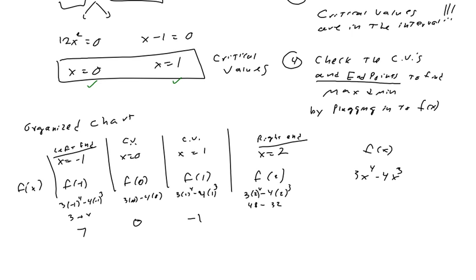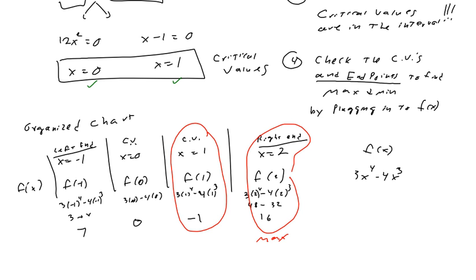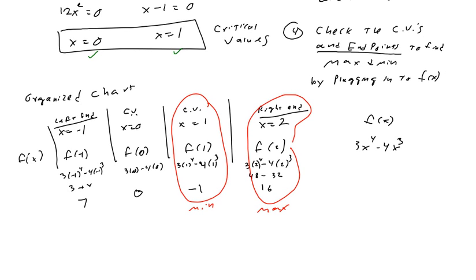So we have our values, and we find our absolute maximum here. Here's our maximum. And this critical value right here is our minimum. And these are guaranteed points. I don't even know what the graph looks like, right? We have not drawn the graph, but I can guarantee that on this interval from -1 to 2, the lowest point on the whole graph is -1. Nothing is going to go below -1.